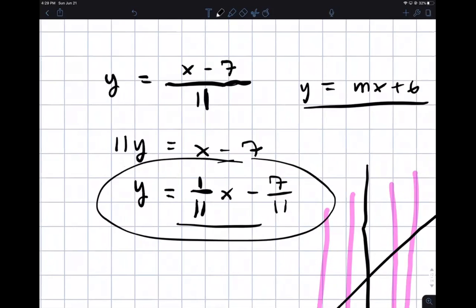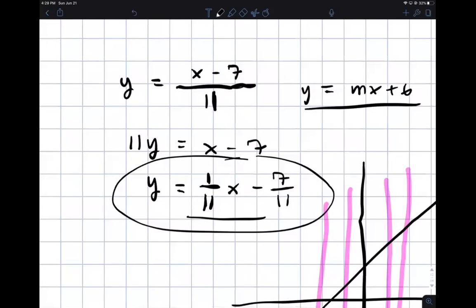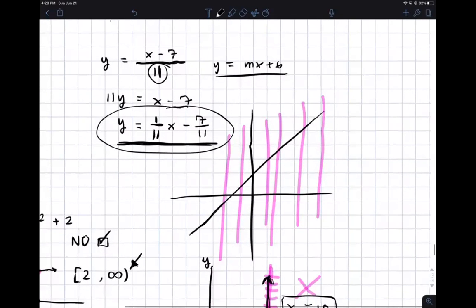As long as you recognize that this is linear, you can tell because you have y and then x and just numbers. That's why we rearranged it, so we knew it was a line. Knowing that, we can do the vertical line test and tell that it's a function, and then we can tell what the domain is too. Does that make sense? Yeah.